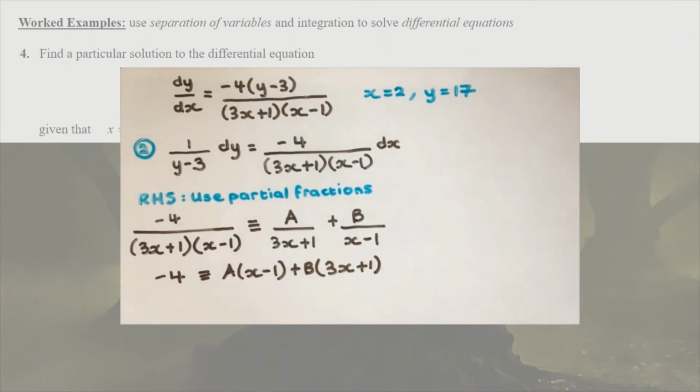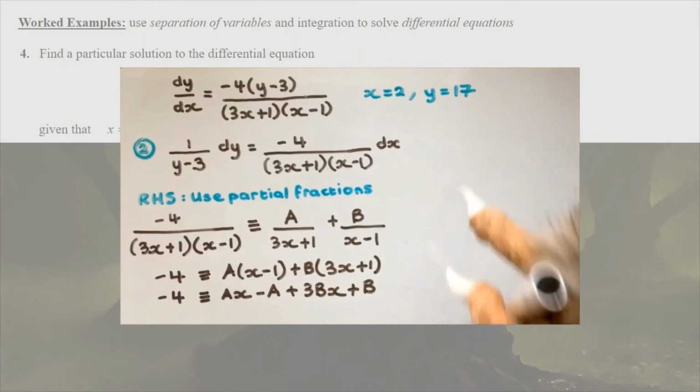You can put in as many steps as you like, but I think that will do it. We can disregard the denominators because they of course will both be the product of these two. So we're going to equate them. It's up to you how you want to do it. I'm just going to expand and set up the equations. You can use substitution if you like. So -4 is going to be identical to ax subtract a plus 3bx plus b. And we'll set up the equations up here on the right hand side.